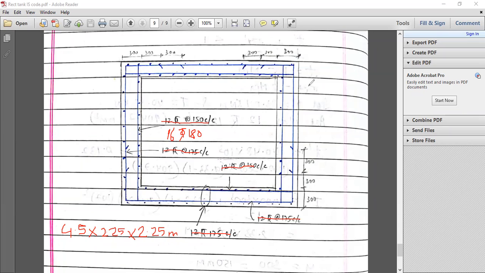So B by H will become 1. And when you consider the long wall, the long dimension is 4.5 divided by 2.25, so that will become 2.